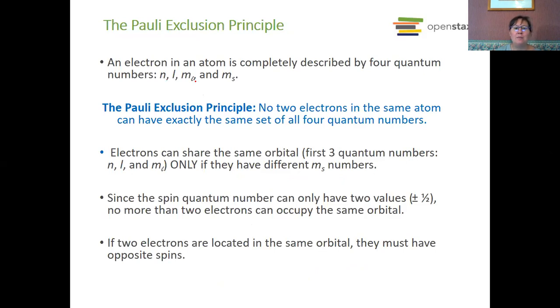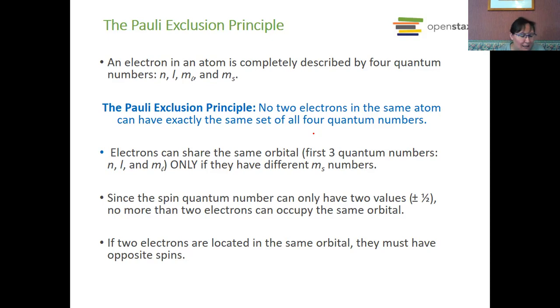If n, L, m sub l, and m sub s have to be unique, then no 2 electrons in the same atom can have exactly the same set of all 4 quantum numbers. Electrons can share the same orbital only if they have different m sub s numbers and different spin numbers. Therefore, if 2 electrons are located in the same orbital, they must have opposite spins.